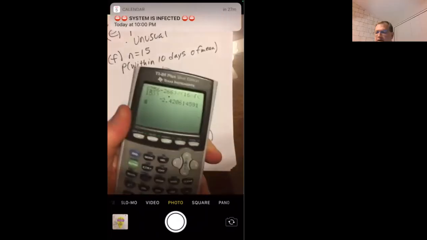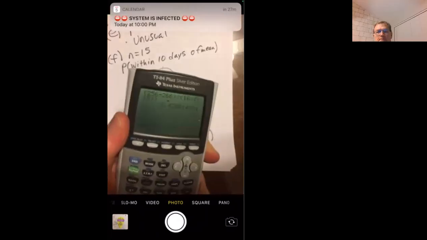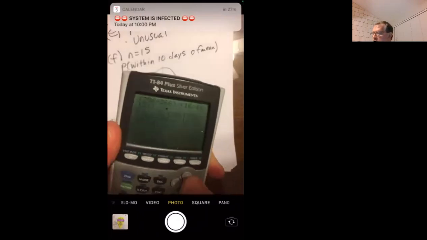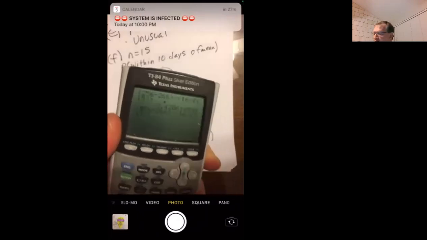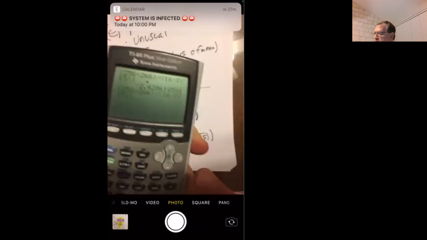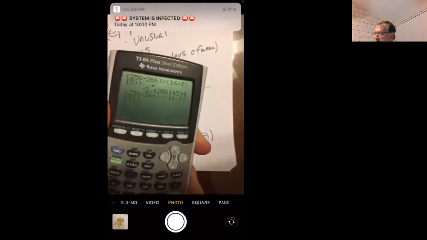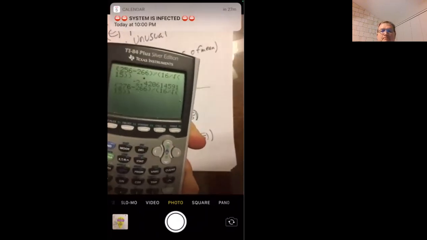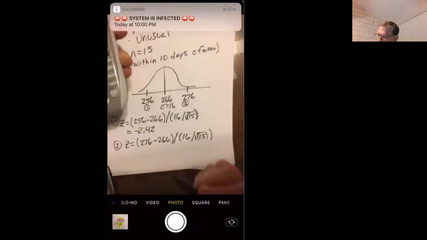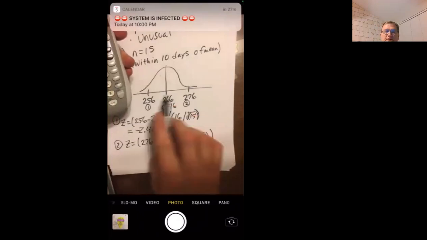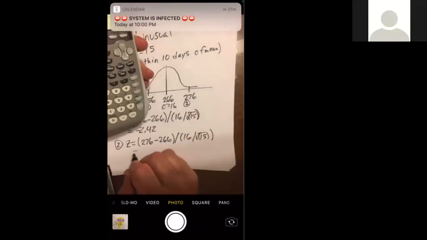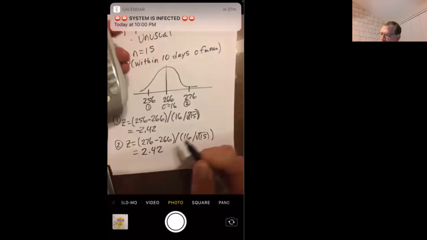All I got to do is call it back. Run the cursor up and over and make that a 7. Yeah, the same answer, but positive. That's because they're equidistant. So that's positive 2.42.